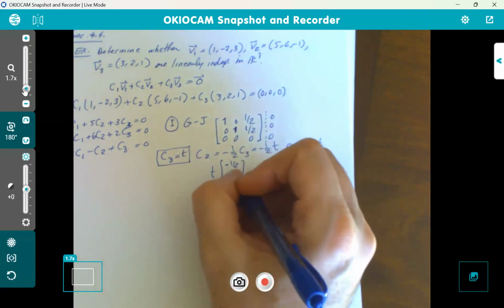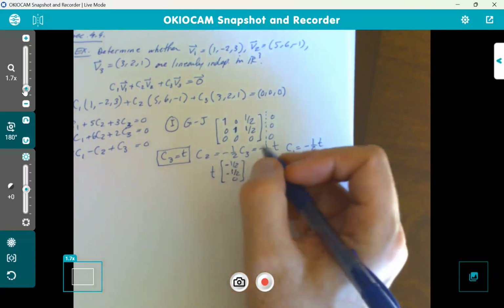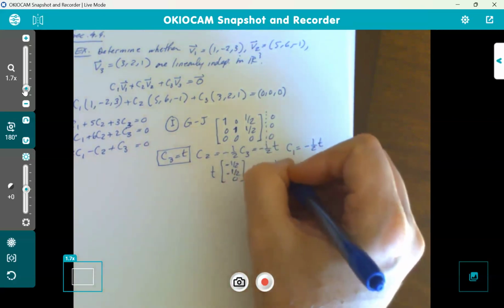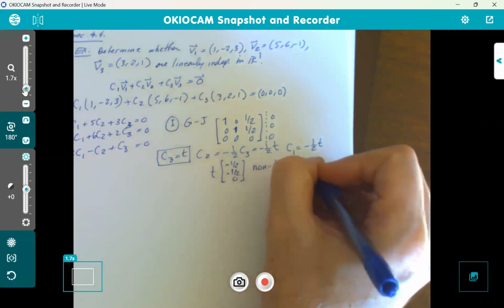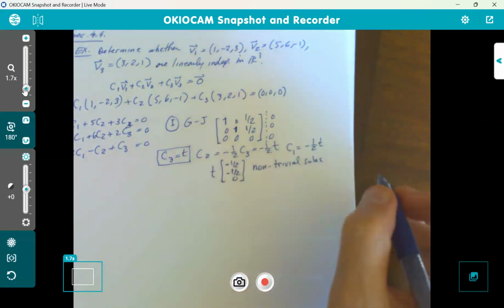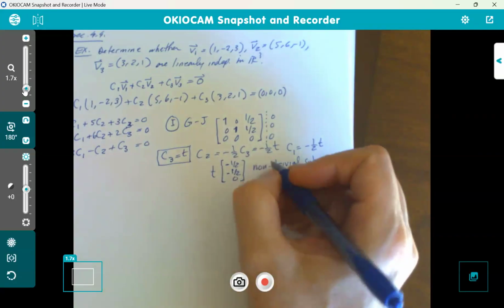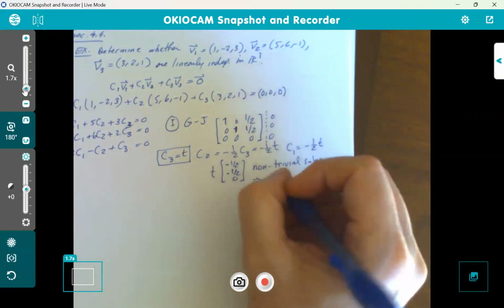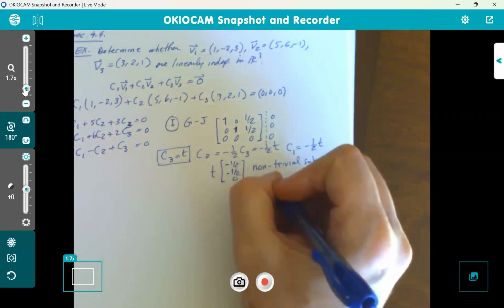This shows the system has infinitely many solutions, right? So the system has non-trivial solutions. And if it has non-trivial solutions, what is the implication of that? That means the system is linearly dependent, right?